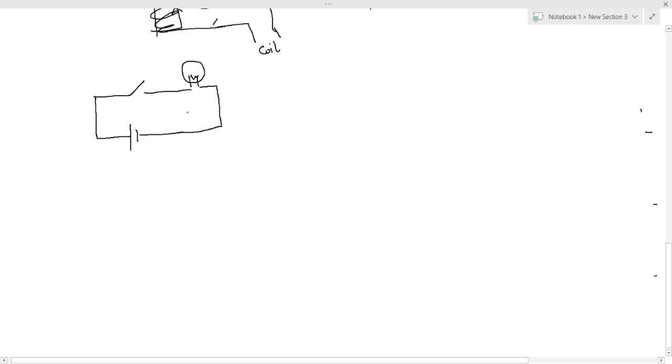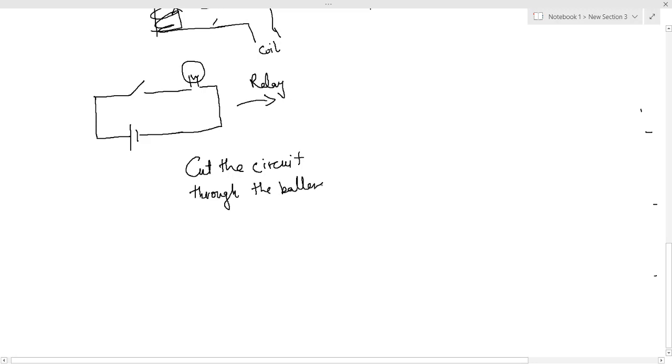So to convert this normal circuit into a relay circuit, there are three steps. What are the three steps? First step, cut the circuit through the battery. What does this mean?